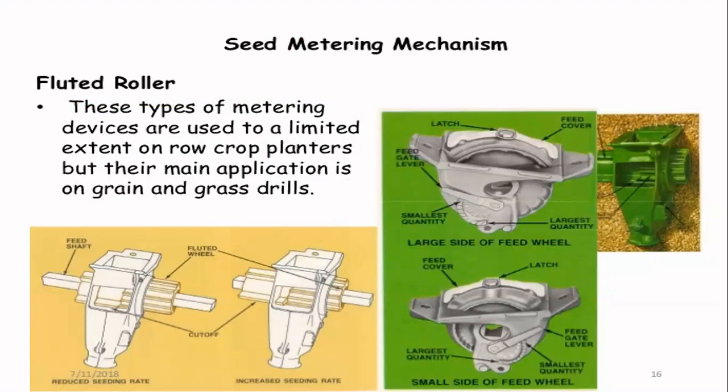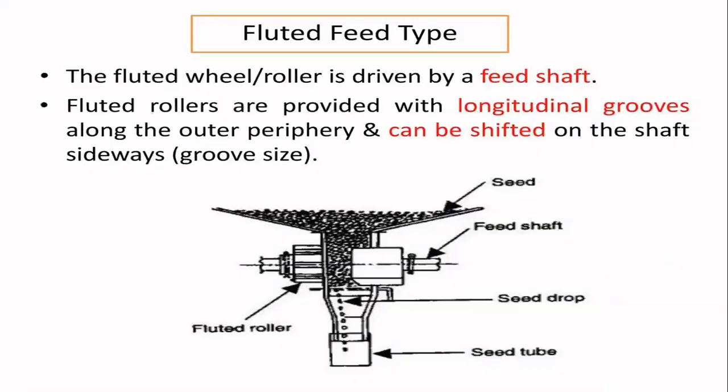This is the seed metering device, fixed at the bottom of the hopper. The seed metering device is very important. You cannot design it easily; designing is very difficult. Fluted rollers, seed metering device. You will see fluted rolls fixed under the hopper, how they should rotate and the seed should fall down one by one at the same distance.